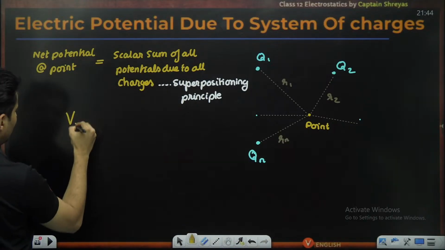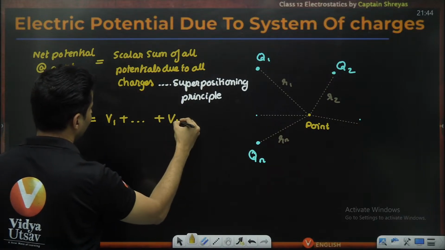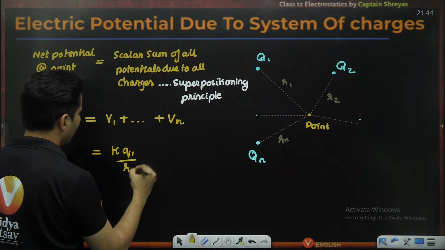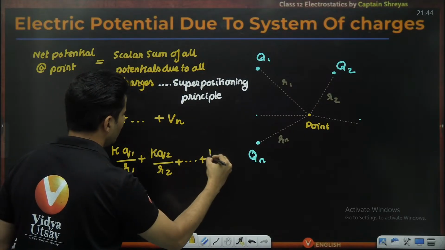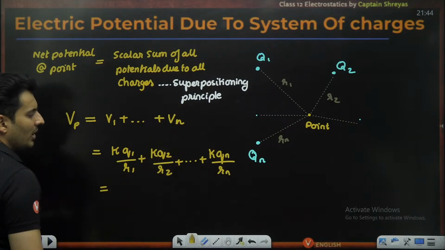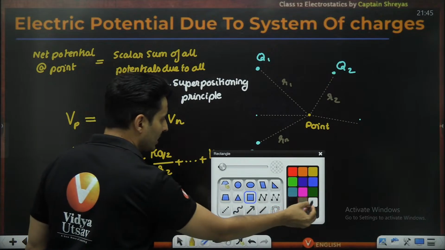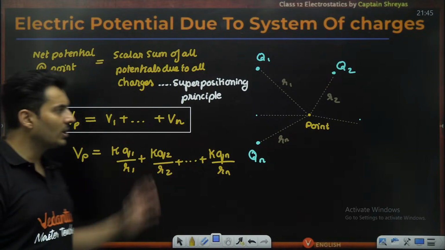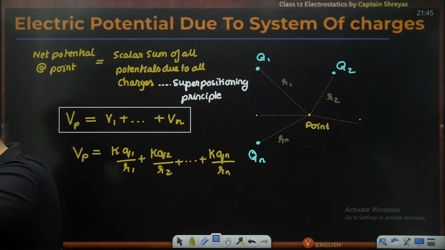So the net potential at any point is nothing but V1 plus V2, like that till Vn, and undoubtedly V1 is nothing but K Q1 by r1, V2 is K Q2 by r2, like that K Qn divided by rn. K will be common, and if you want, you can do the rest of the maths. It is a scalar sum because potential in itself is a scalar quantity. Is that absolutely clear? How to find the net potential due to all the charges?